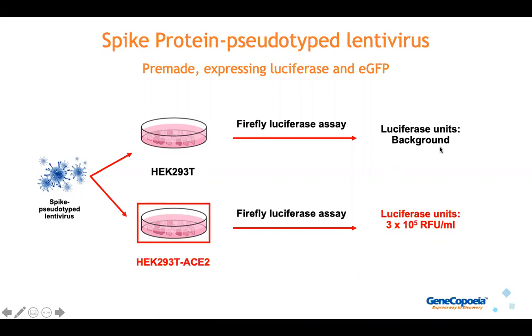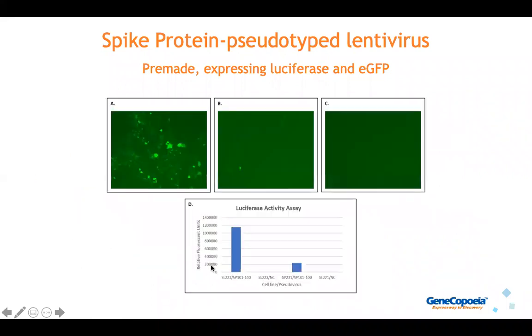And what we see is that the luciferase units measured for the unmodified cell line are at background level, but we can get approximately 3 and even up to 5 times 10 to the 5 relative luminescence units per mL from the spike pseudotyped virus infecting the engineered HEK293T cells. And that's shown here in the top panel.